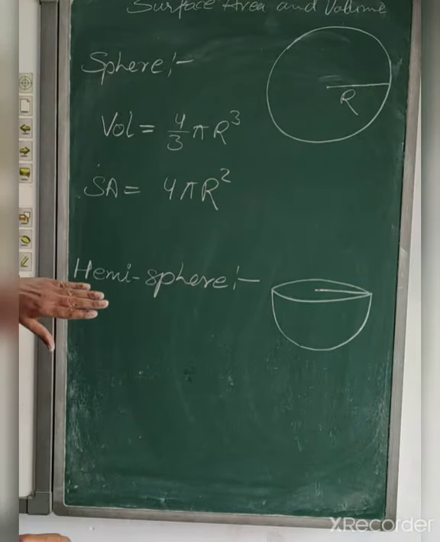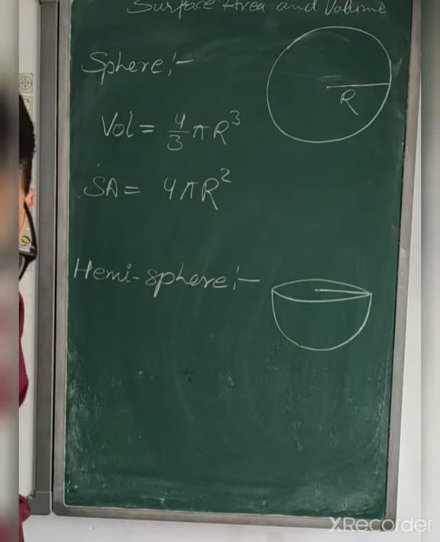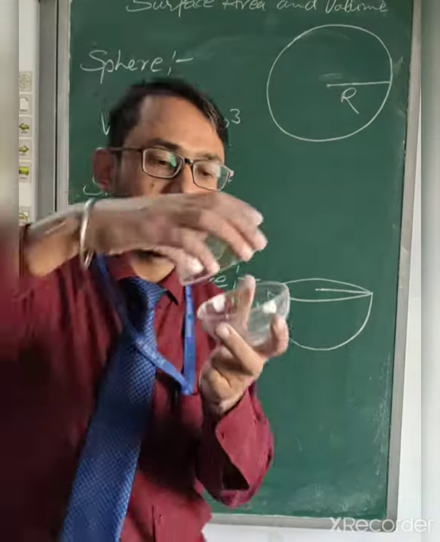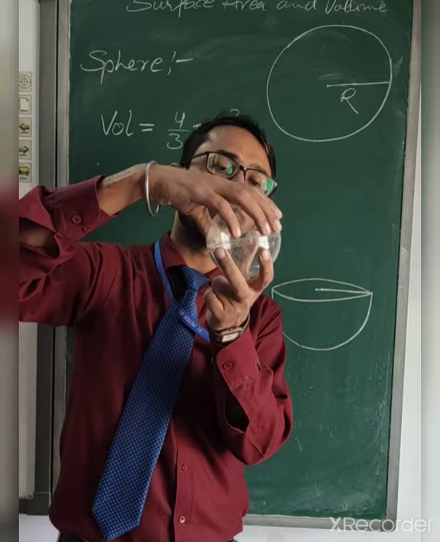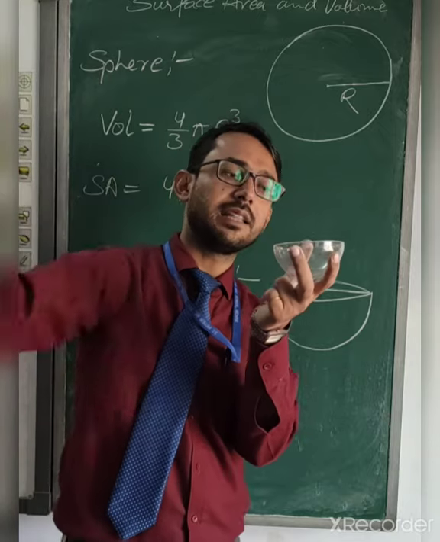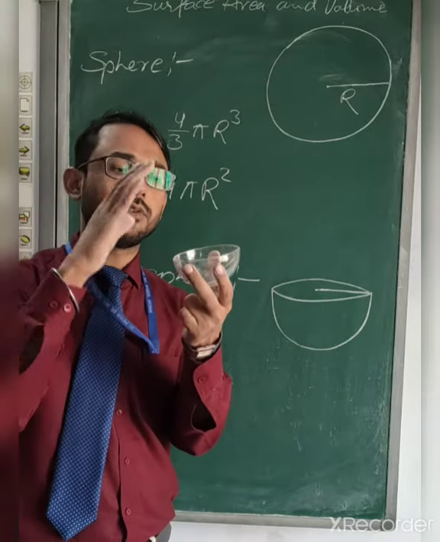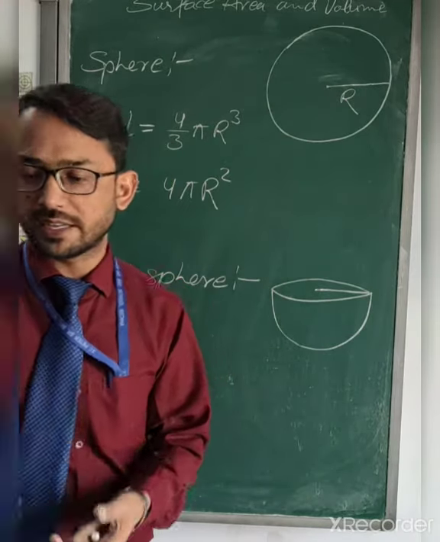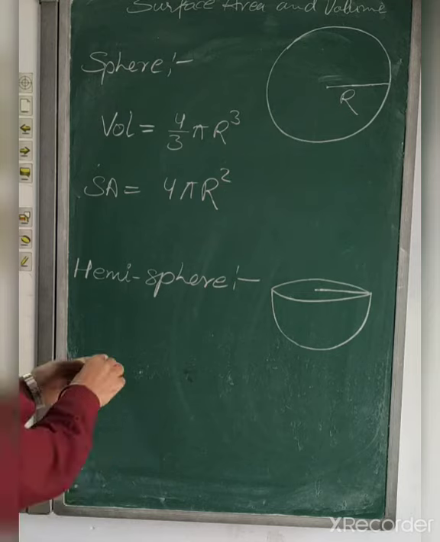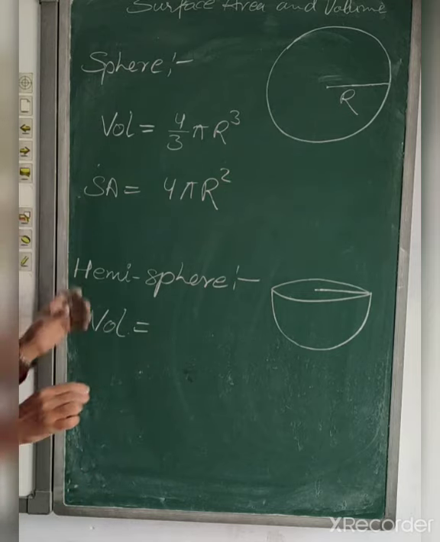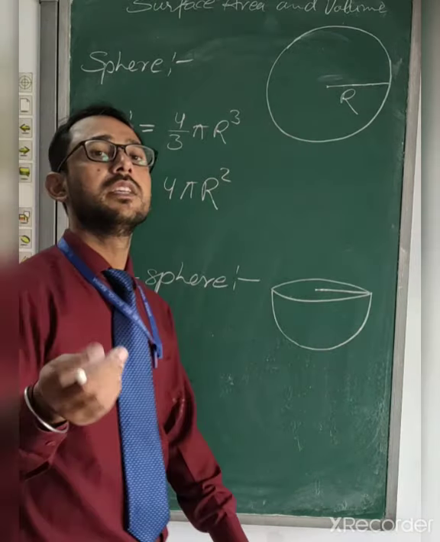Now if we are talking about the hemisphere, what is a hemisphere exactly? Half of the sphere. This is the sphere. If we remove the half part from it, then the remaining half part is said to be a hemisphere. Its volume will be half the volume of the sphere.